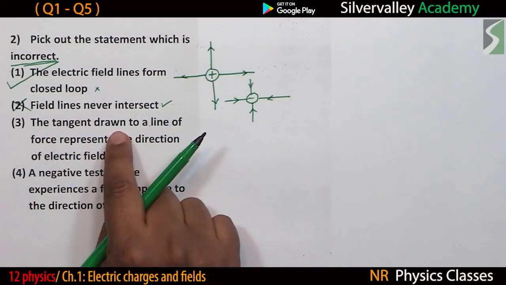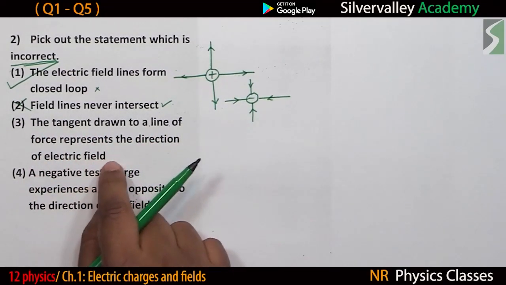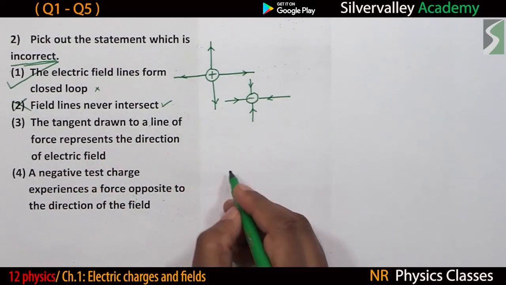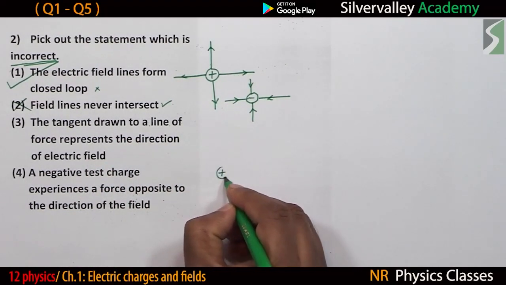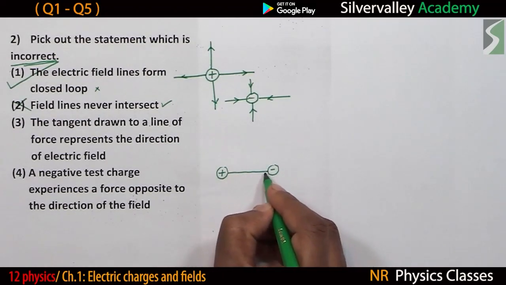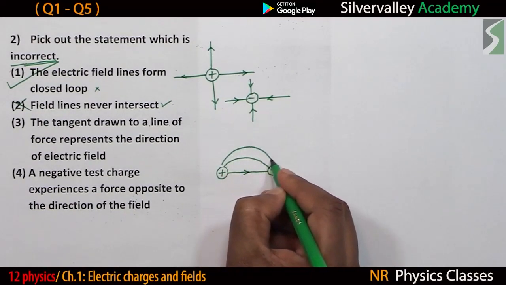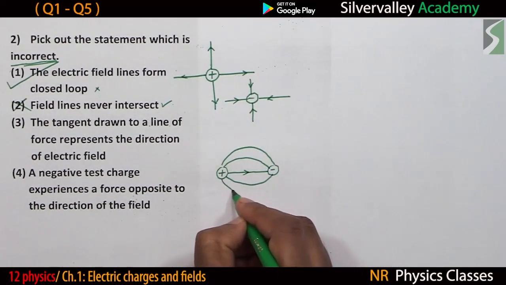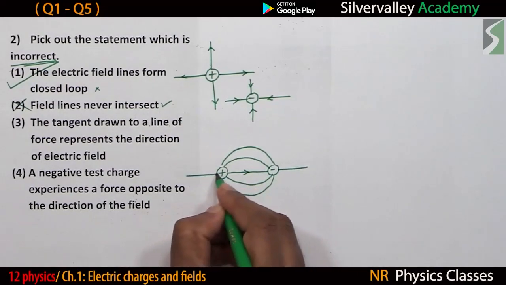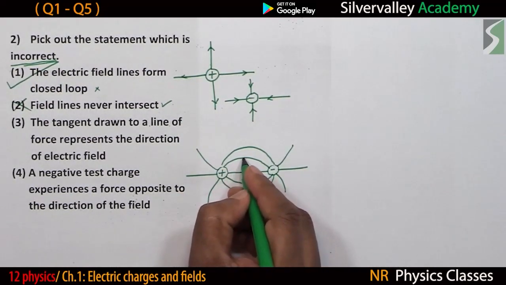The tangent drawn to a line of force represents the direction of the electric field. True. If we consider a dipole like this, electric field lines go from positive to negative.